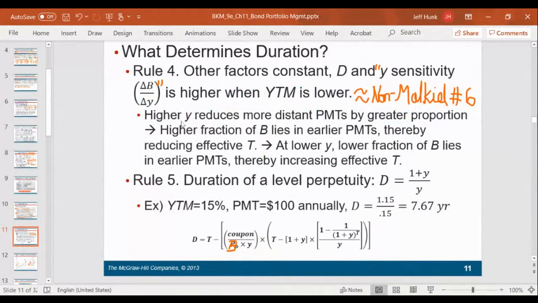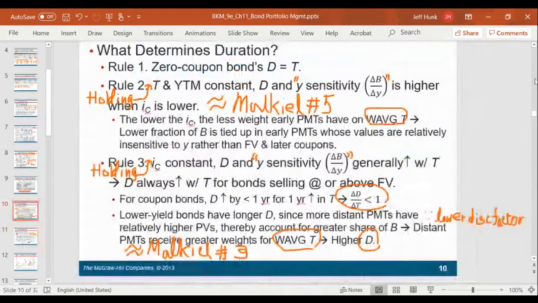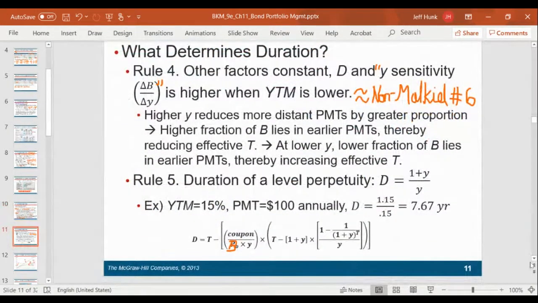So think about it. Higher yield reduces more distant payments by a greater proportion, right? Higher discount rate. So this is like the flip side of rule number 3. If the discount rate is higher, the distant future coupons will be discounted more deeply, right?